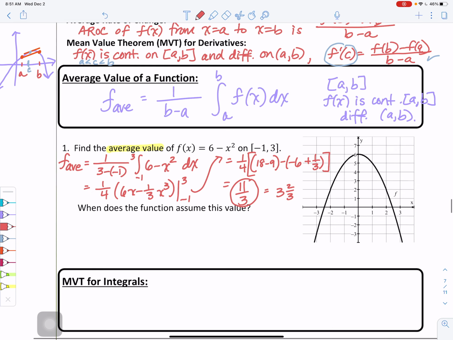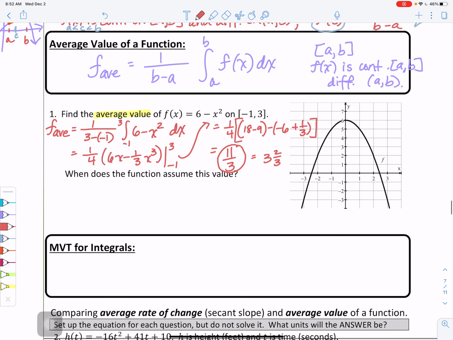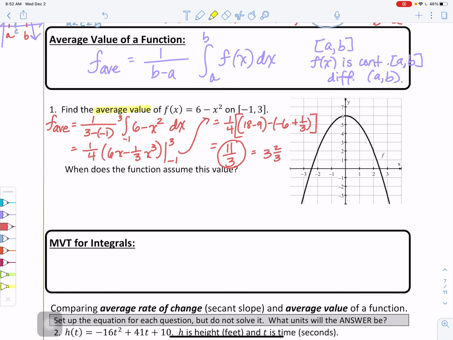We're going to talk about what that means over here on this graph. So the average value from -1 to 3: if we integrated this function from -1 to 3, that area under the curve equals some y value multiplied by the width of the interval.